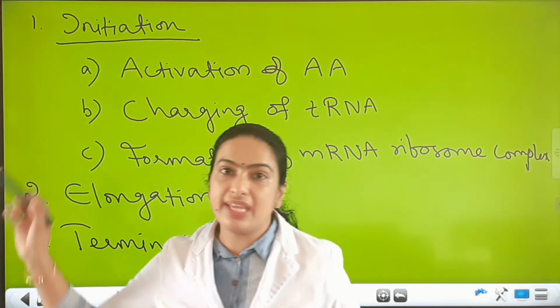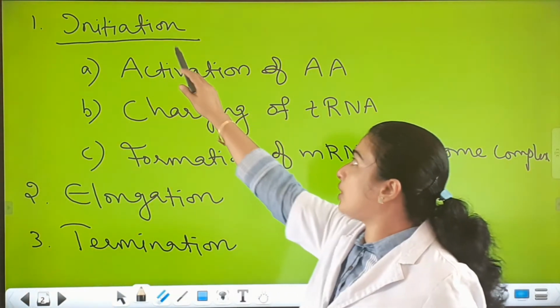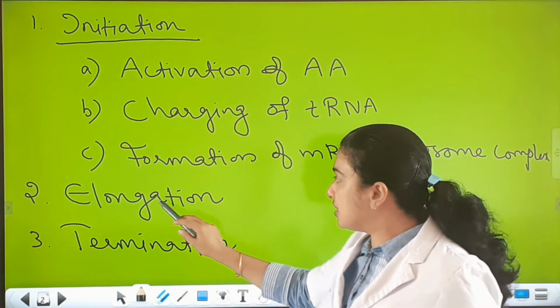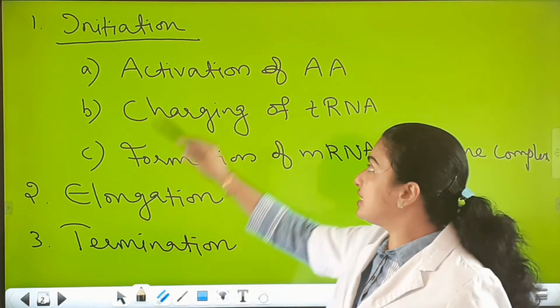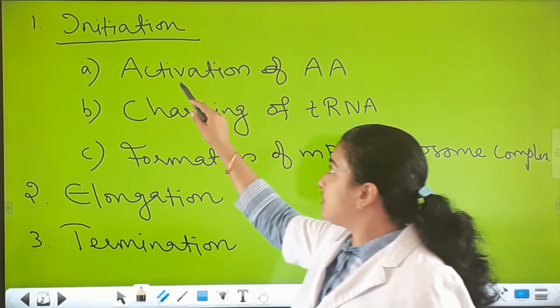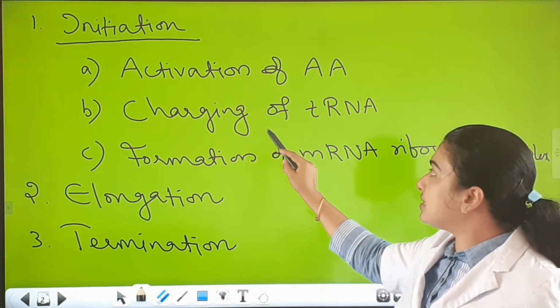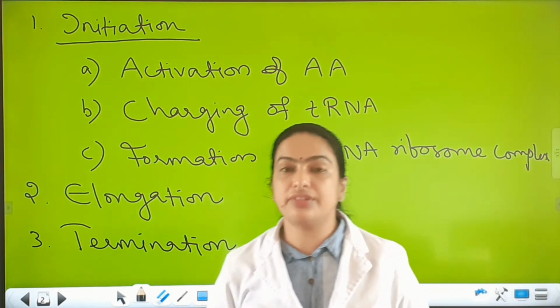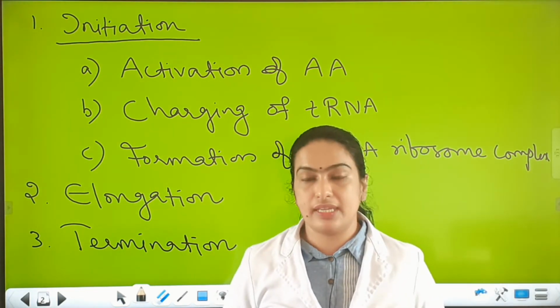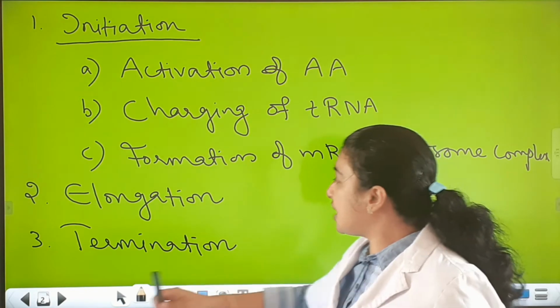So these are the major steps involved in the translation process. They are initiation, elongation and termination. In initiation we have to see three steps: activation of amino acid, charging of tRNA and formation of mRNA ribosomal complex. Now we can see the initiation process in detail.